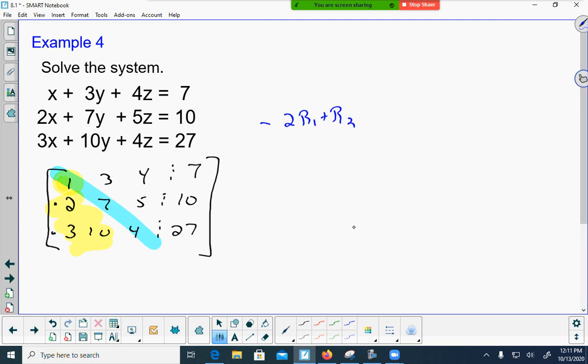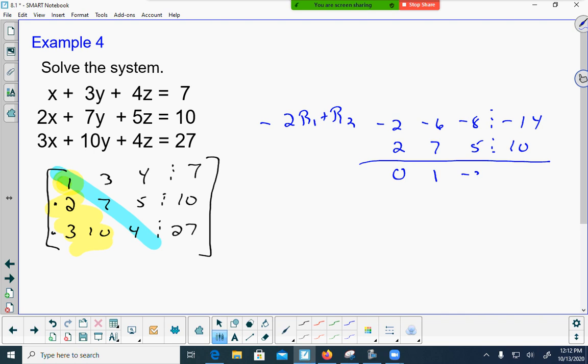When I do that, I'm going to have -2, -6, -8, -14. And I got a 0 here, which makes me happy, yes?